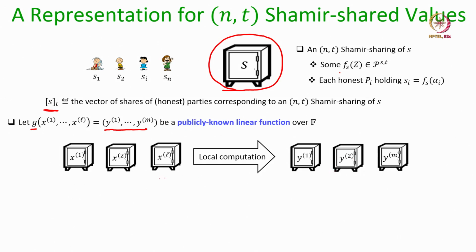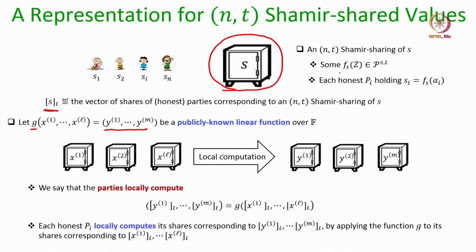So, this whole process I will pictorially represent like this, and I will also use statements like parties locally compute the output of the function g by writing this expression.